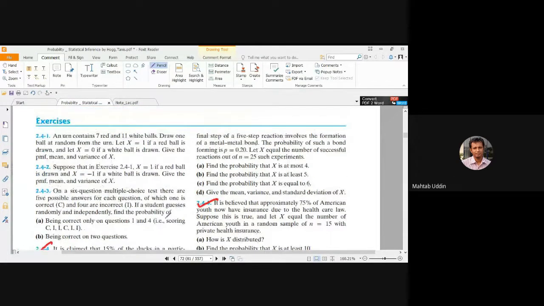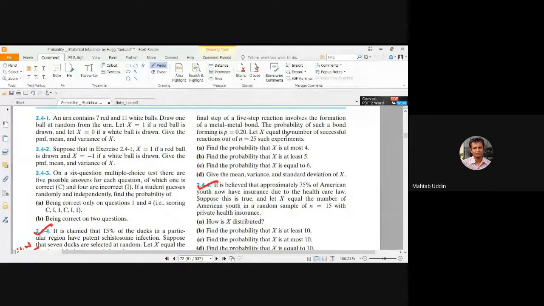The final step of a 5-stage reaction involves the formation of a metal-metal bond. Actually, this is not our question, this is the chemical description. Our question starts from here. The probability of such a bond forming is p equal to 0.02. P is given. X is the number of successful reactions out of n experiments.